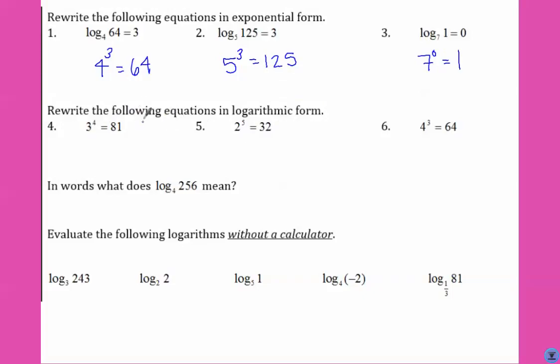What if we wanted to go from exponential form to log form? We'd have log. Our base here is 3, so it's going to be down little, so it's a subscript. It's going to be near the tail of the g. Of 81 equals the exponent, because logs always equal exponents. So log base 2 of 32 equals 5, and log base 4 of 64 equals 3.